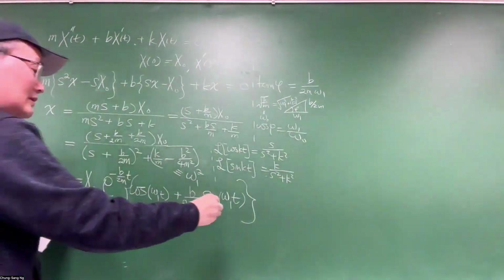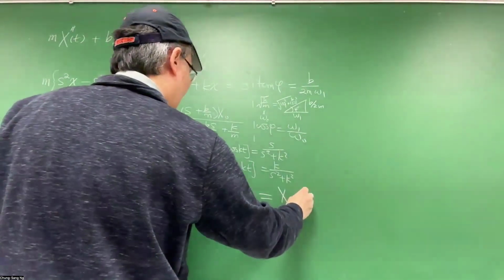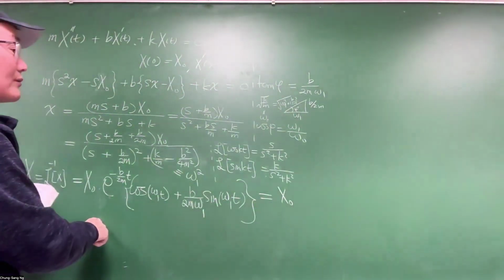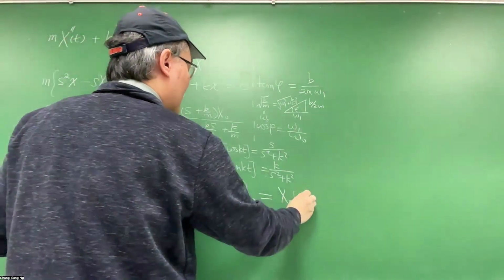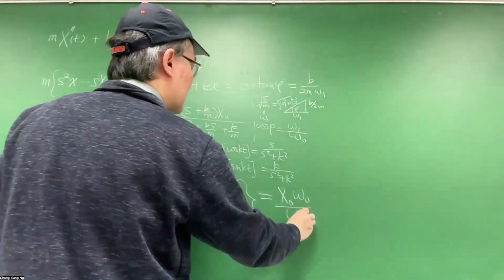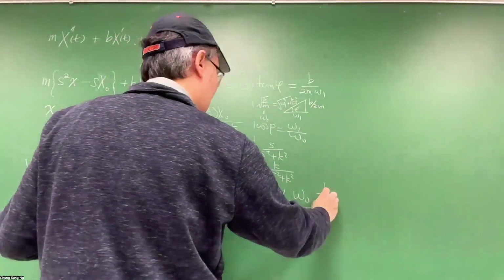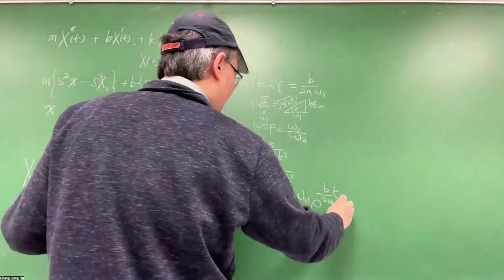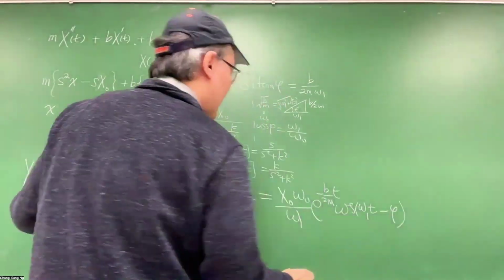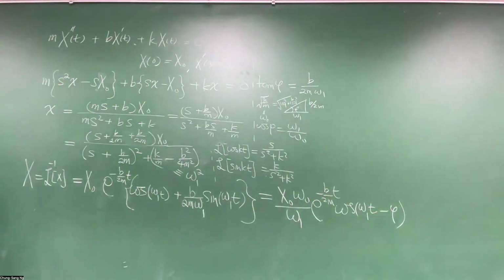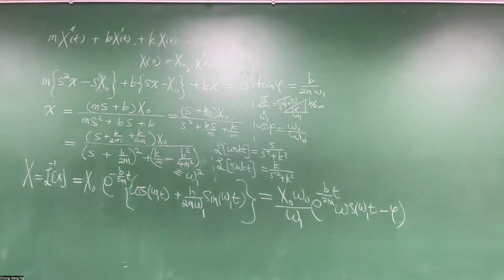Okay, so you just now combine everything, x0, and then divided by cosine, meaning you multiply by omega sub 0 divided by omega sub 1. And the rest is the exponential decay and the cosine with the phase. Okay, so I think that is the last answer.